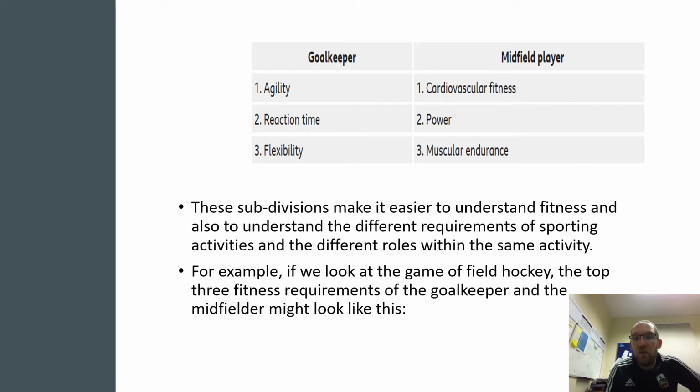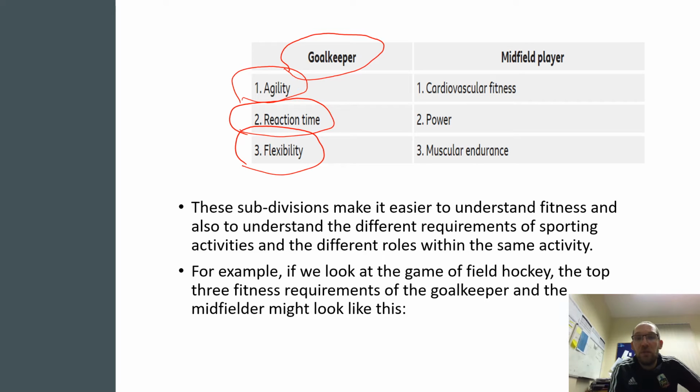For example, if we look at a game of field hockey, the top 3 fitness requirements of a goalkeeper and the midfielder might look like this. So a goalkeeper, even if you take it to football as well, they need to have good agility, good reaction time, and good flexibility.